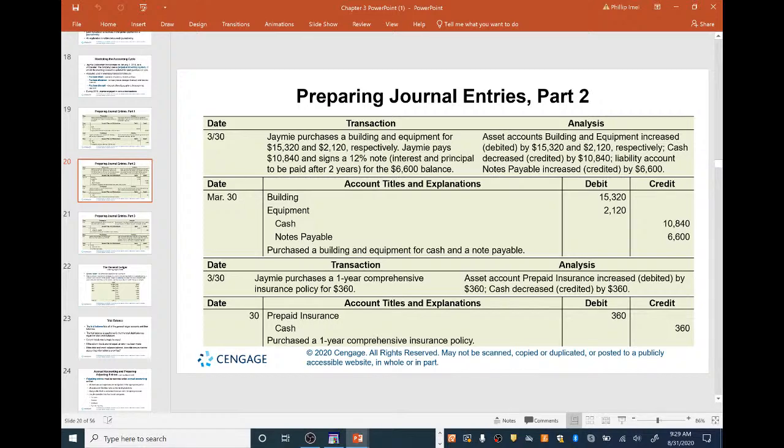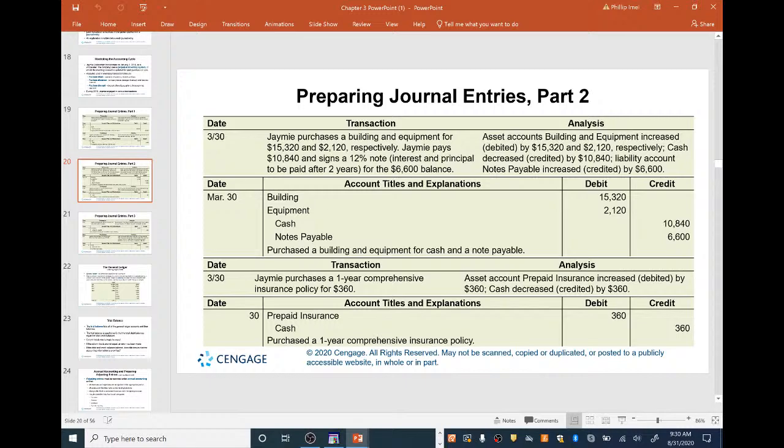It says Jamie pays $10,840 and signs a 12% note, interest and principal to be paid after 2 years, for the $6,600 balance remaining. Once again, Jamie purchased building and equipment for $15,320 and $2,120 respectively.